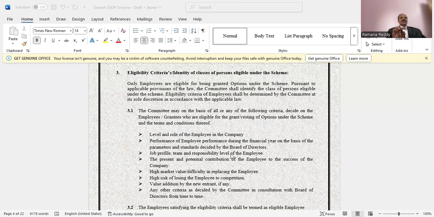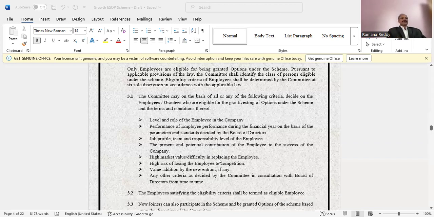Either it may be the level or role of the employee in the company, or performance of the employee during the financial year on the basis of the parameters and standards decided by the board of directors, job profile, team and responsibility level of the employee, and the present and potential contribution of the employee to the success of the company. High market value, difficulty in replacing the employee, high risk of losing the employee to competition, value addition by the new entrant, if any.